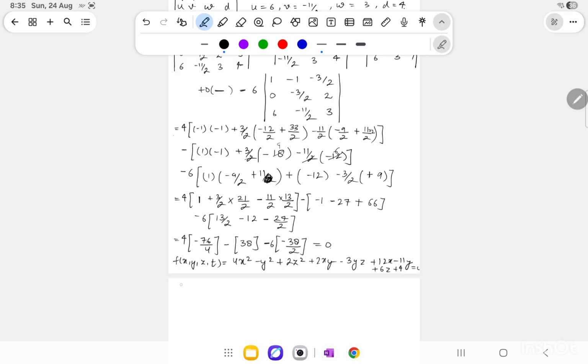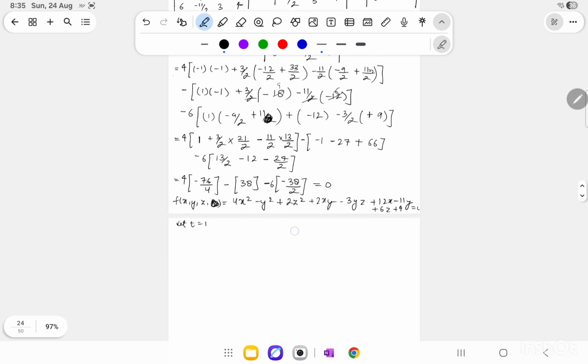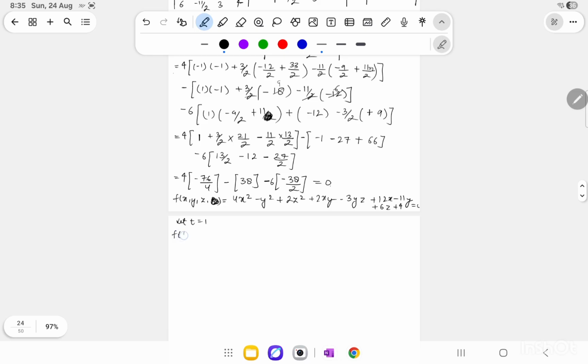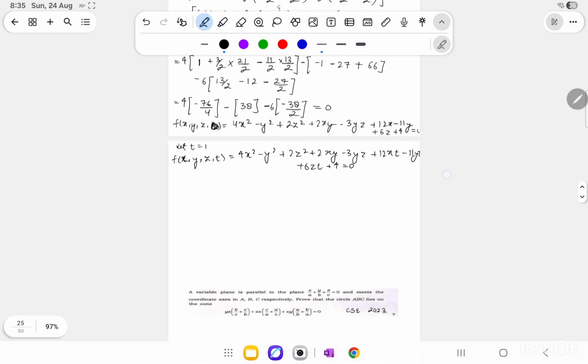So let t equal 1. The given homogeneous equation will be f(x, y, z, t) = 4x² − y² + 2z² + 2xy − 3yz + 12xt − 11yt + 6zt + 4 = 0.